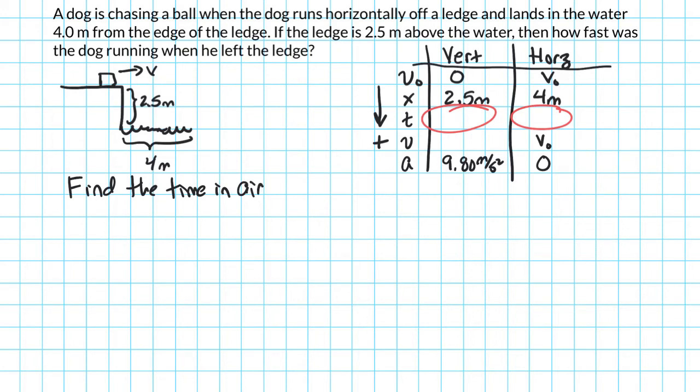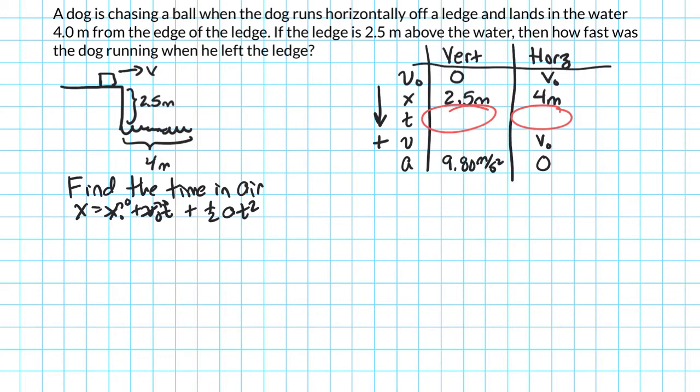And to do that, I need a kinematics equation that'll work with these variables. And I'm going to use my x equals x naught plus v naught t plus 1/2 a t squared. Let's see, x naught is always going to be 0 because we're going to start from 0 in all our problems. Vertical initial velocity is 0, so that's great.